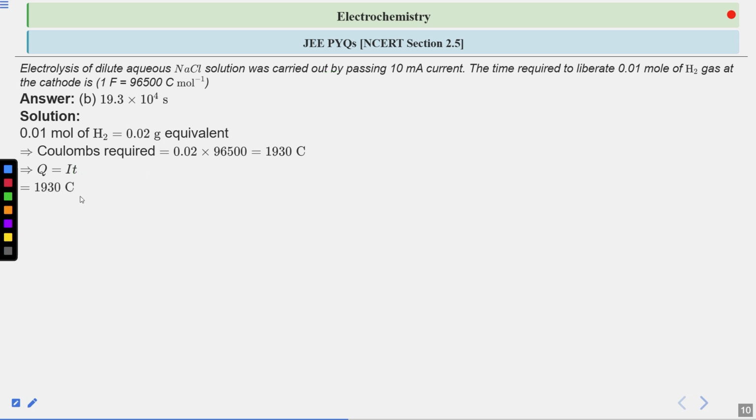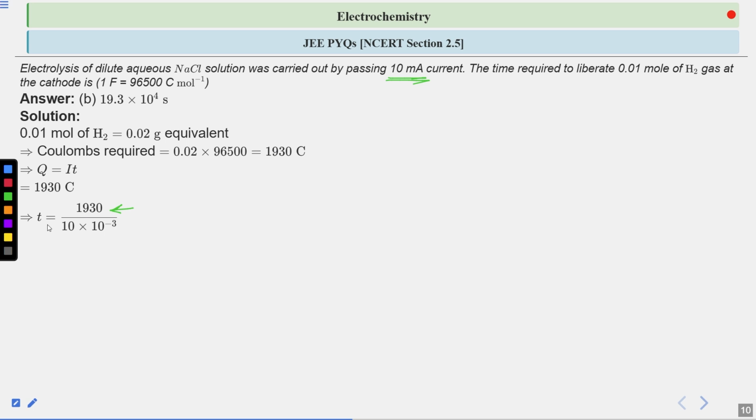So you just simply put the values in this equation. Q equals IT and Q is 1930 coulomb. So T will be Q divided by I. So 1930 divided by the current I, which is 10 milliampere.